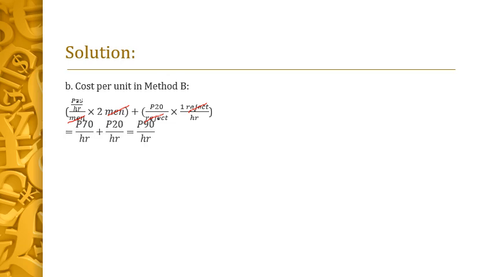So that the cost of crew is 70 pesos per hour and the cost of rejects is 20 pesos per hour. Getting the sum, that should be equal to 90 pesos per hour. Let's divide this number by the units, non-reject, per hour.